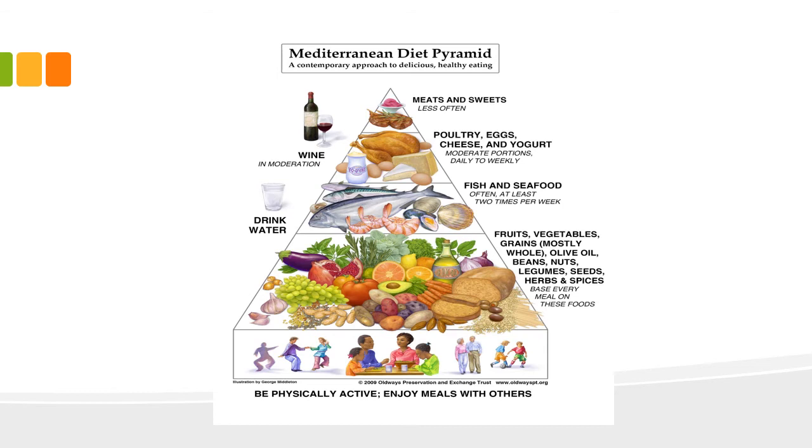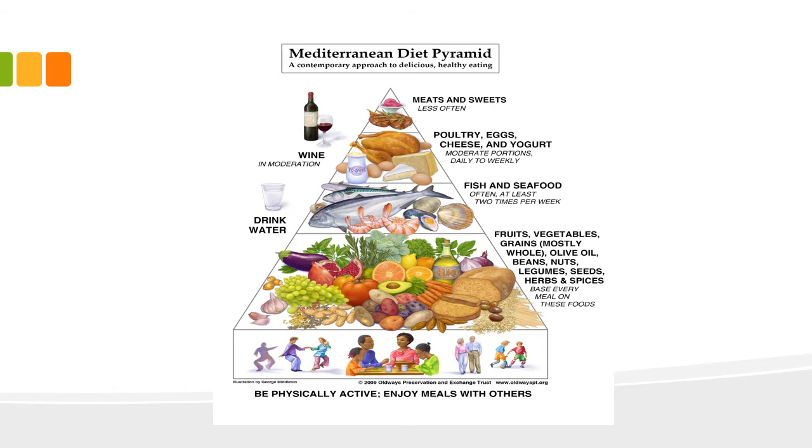The Mediterranean diet pyramid is really a contemporary approach to delicious, healthy eating. It just says you can have a variety of foods, really focusing on fruits and grains and vegetables as the basis for your diet. Lots of fish and seafood, drinking water, and drinking wine or grape juice to help with heart disease.